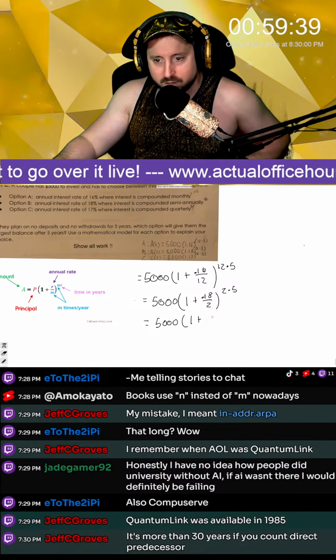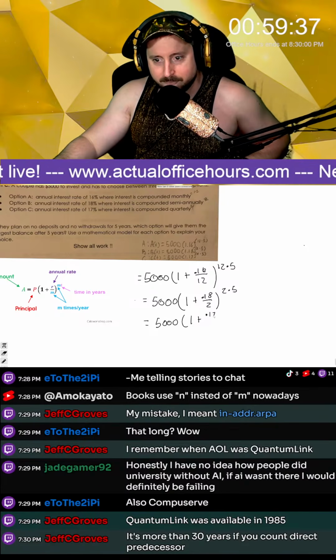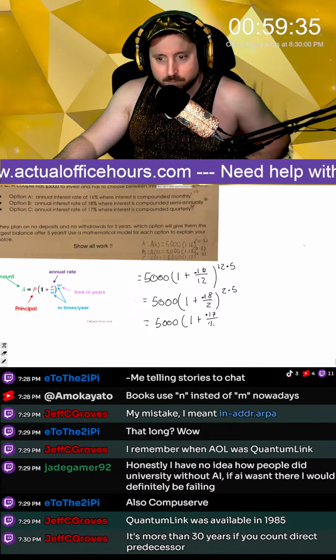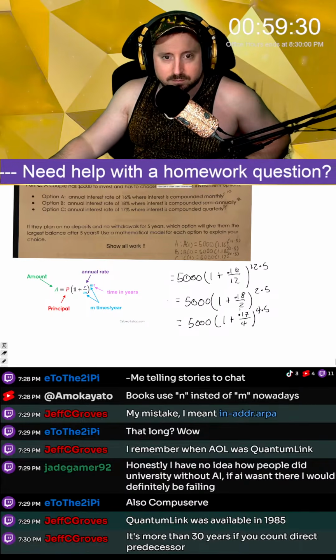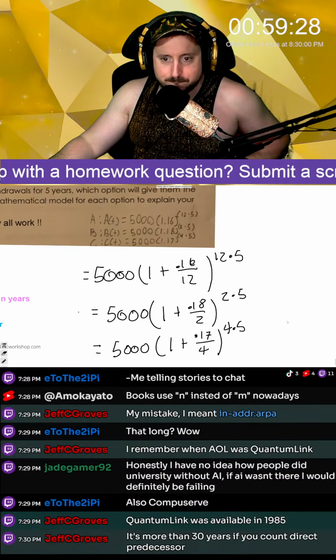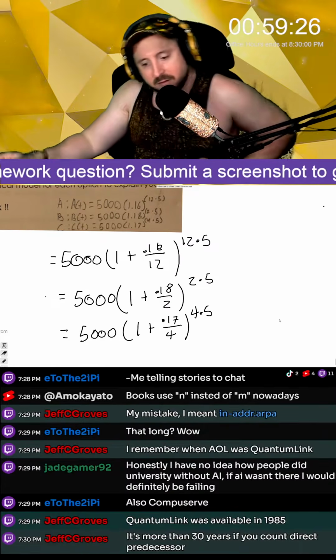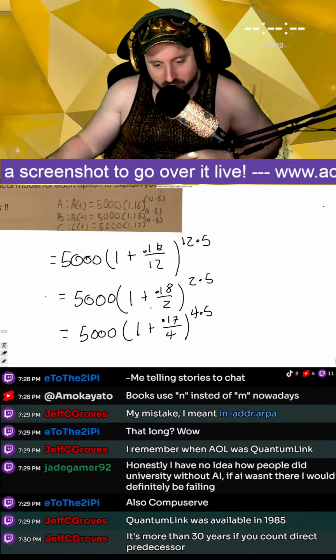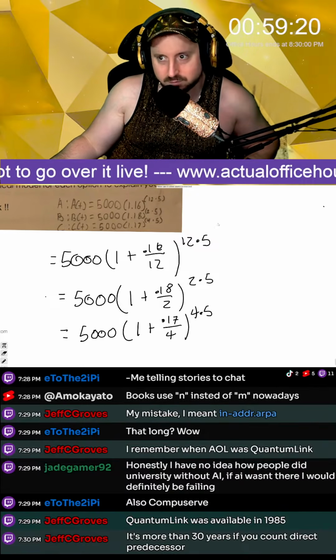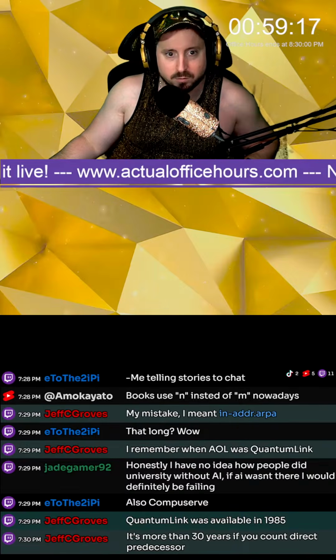And then this is going to be 1 plus 0.17 over 4 to the 4 times 5. Okay. So all it has to do is just do some math. I wonder if anyone could just eyeball this and figure this out? Would be kind of cool. That's my calculator.